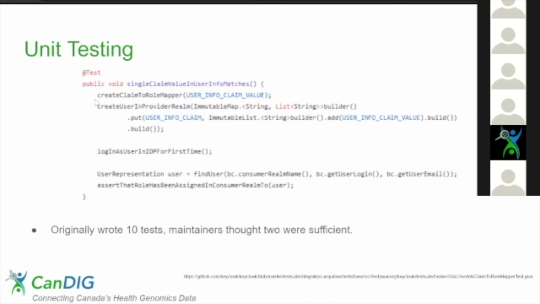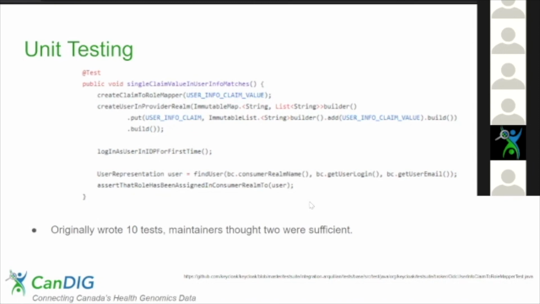So we created our user in the provider realm, which in this case would be our site A, and then we log in with our user in site B. And then we check to see that in site B, we have our user logged in and they have the information that's mapped from site A to site B.